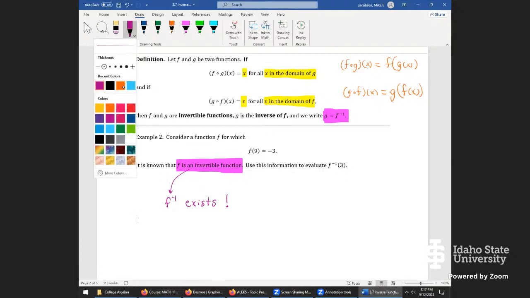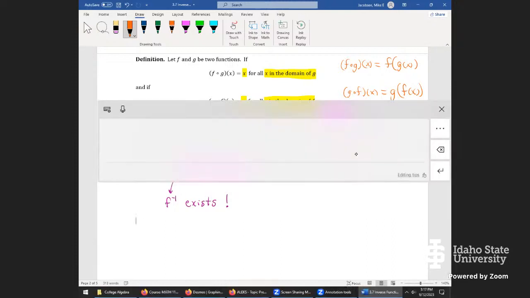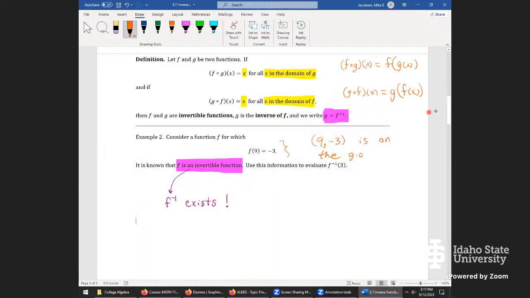Here's a really interesting takeaway also with inverse functions. When you see f of 9 equals -3, it means (9, -3) is on the graph of f. Now, the big takeaway with inverse functions is all they do is they switch input and output.